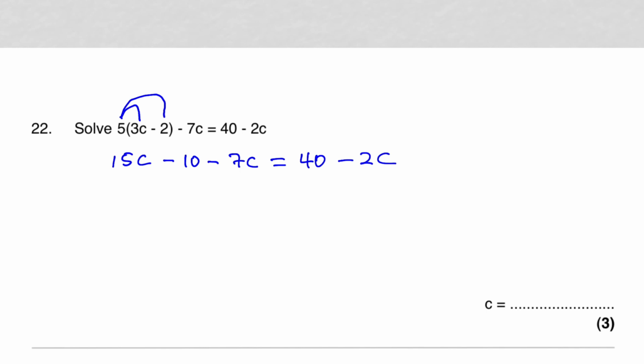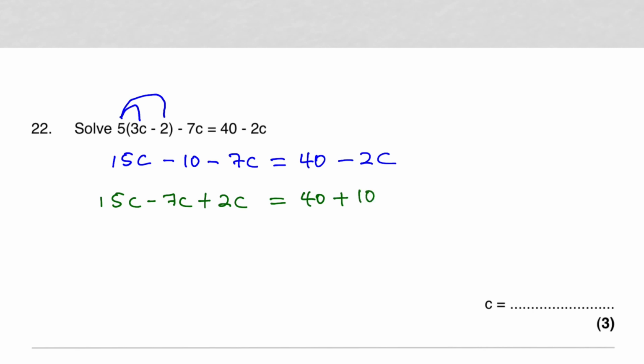Now I need to collect like terms. I need to take minus 2c to that side. I need to take minus 10 to the other side. So 15c minus 7c plus 2c equals 40 plus 10.